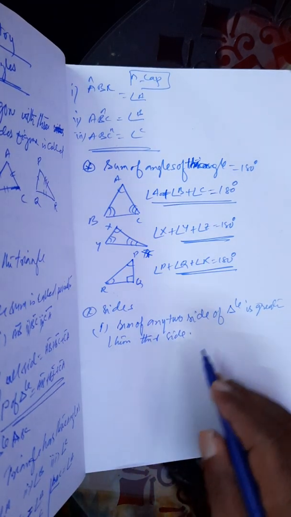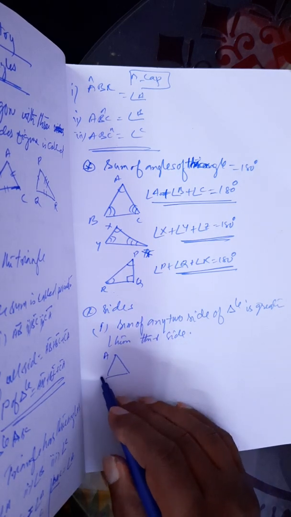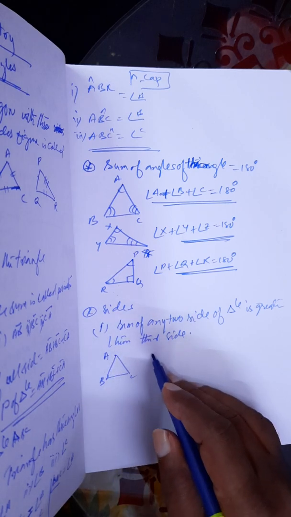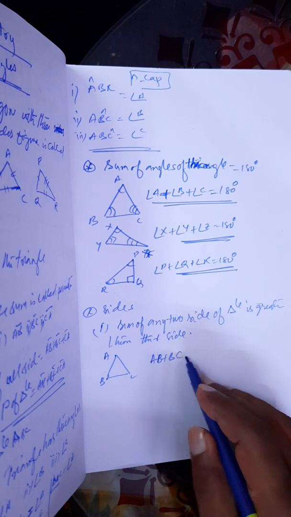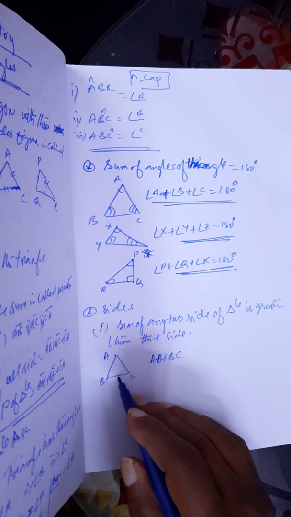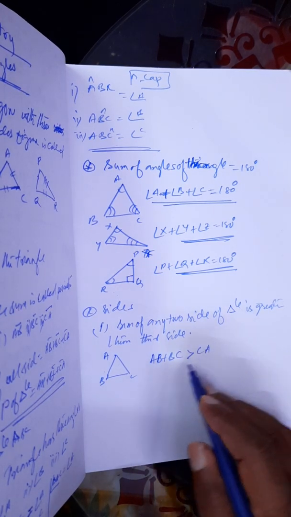That means, suppose this is your triangle. A, B, C are the vertices. If you are taking the sum of any two, AB plus BC, if you take these two sum, it should be greater than CA.